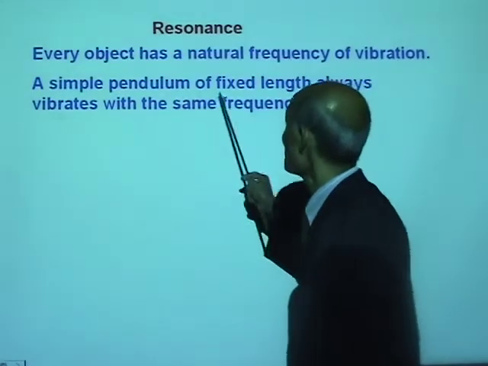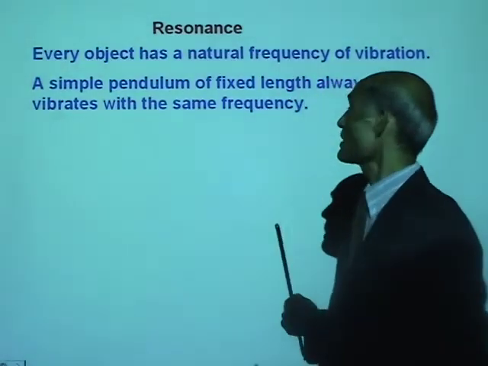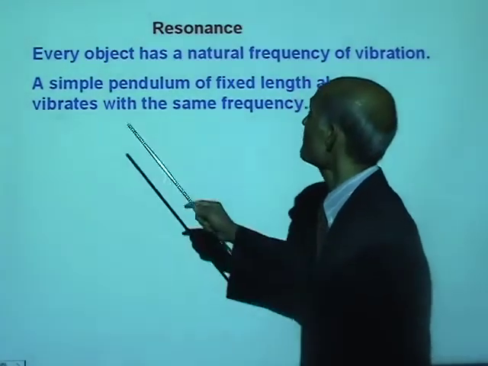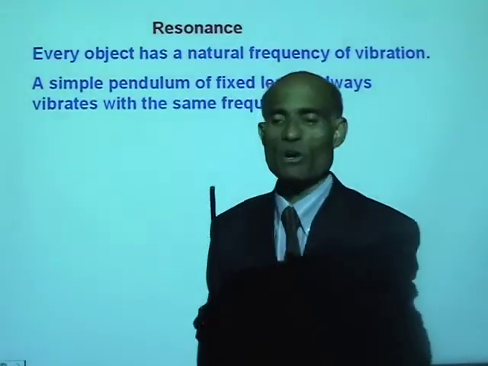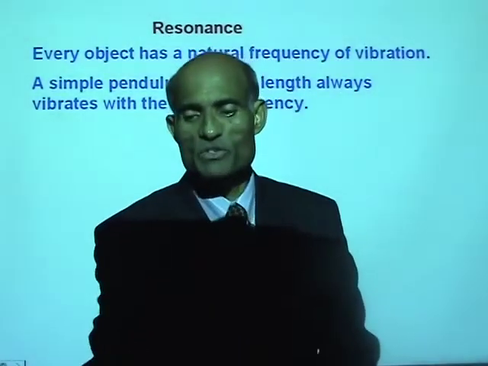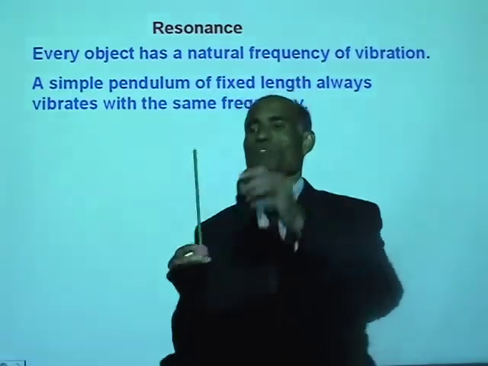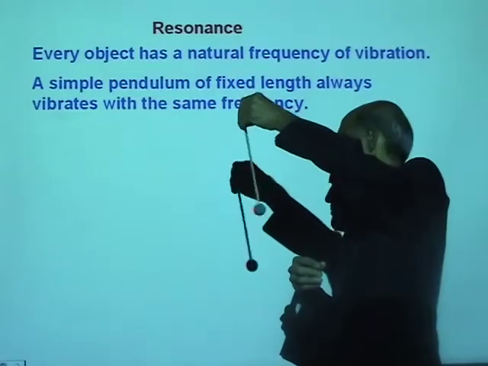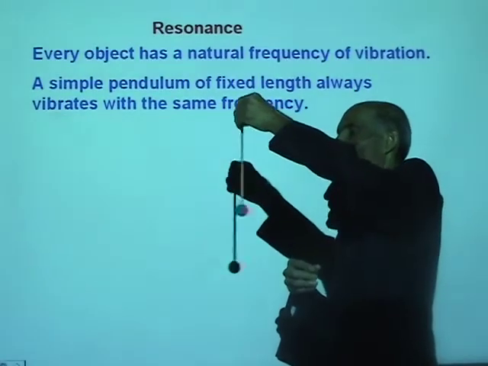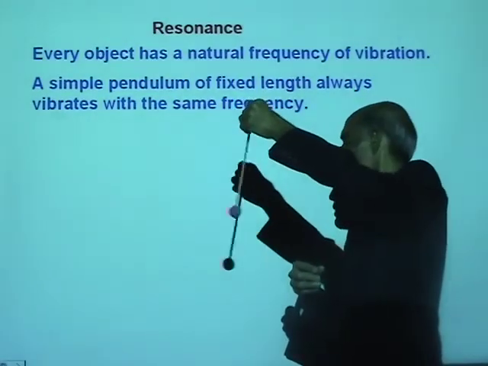For example, a simple pendulum of fixed length always vibrates with the same frequency. If this is the pendulum and you set it into vibration, it has a natural frequency.